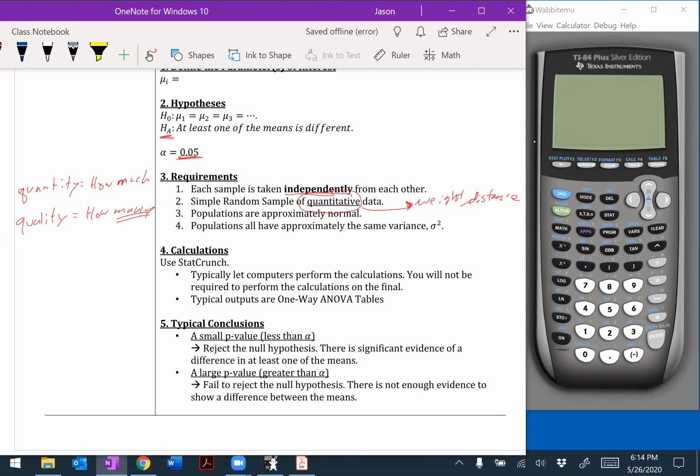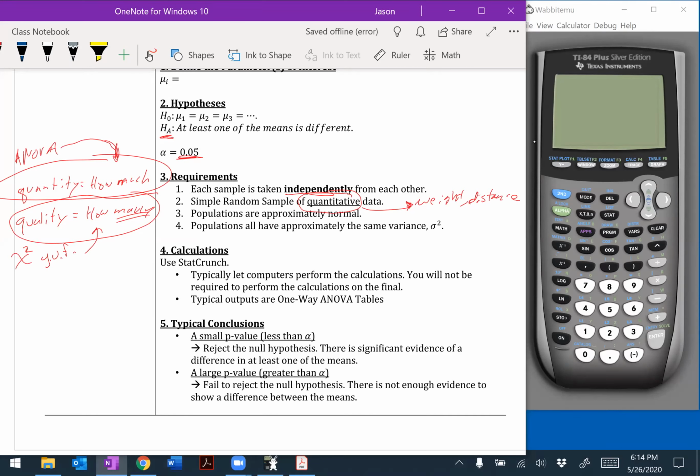So we want quantity. That's what we're looking for in ANOVA. The quality is when we do our chi-square goodness of fit test. That's for quality. ANOVA is for quantity.